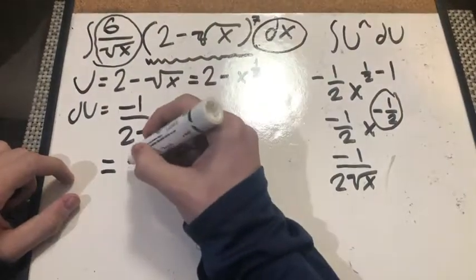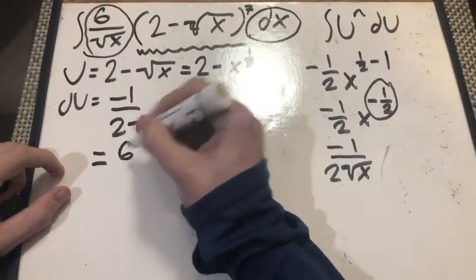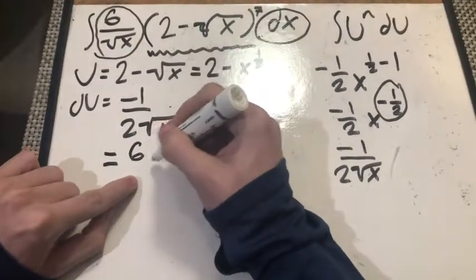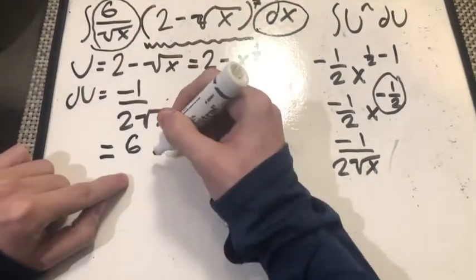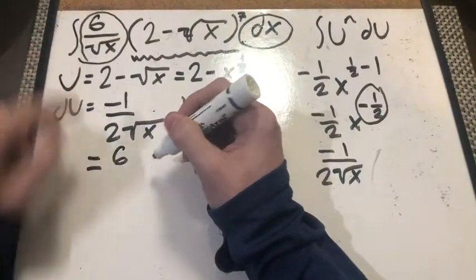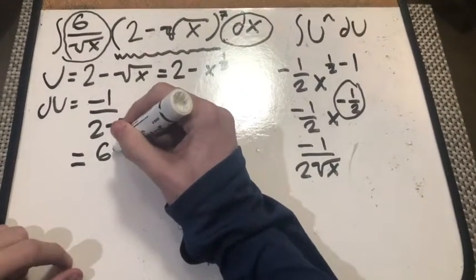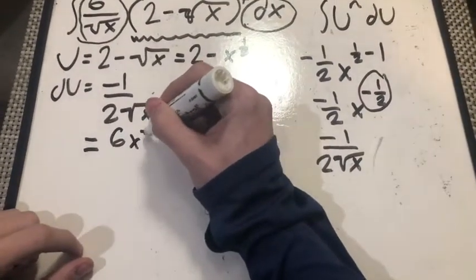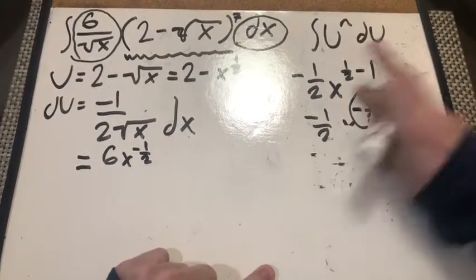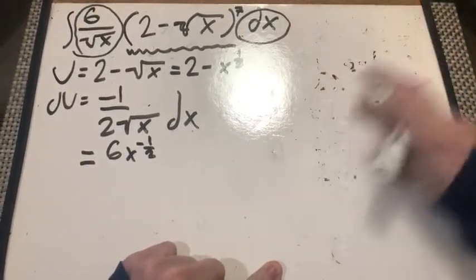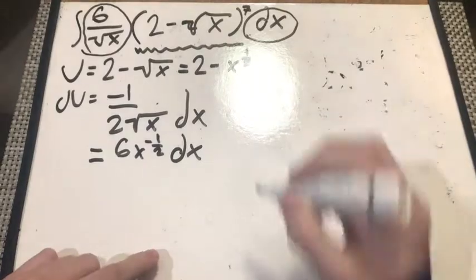So what we want is 6. We are going to simplify it, or turn it into a fraction without a denominator, so we're going to turn it into 6x to the negative 1/2. Let's erase this, dx.